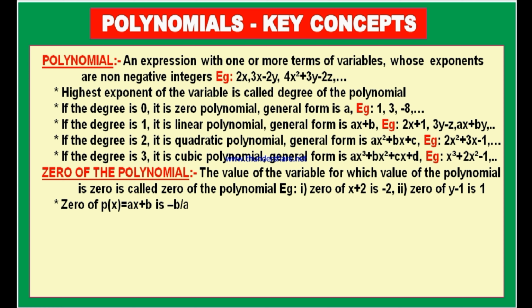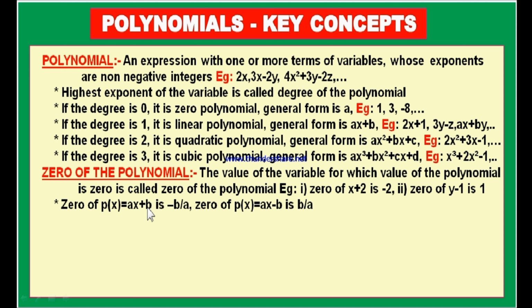Now, one more point, the zero of the polynomial p of x is equal to ax plus b. How to find the zero of a polynomial? Here you see ax plus b. This is the polynomial given. Now, the zero of this polynomial we have to find out. The zero of the polynomial is nothing but the value of the variable x for which the total polynomial becomes 0.